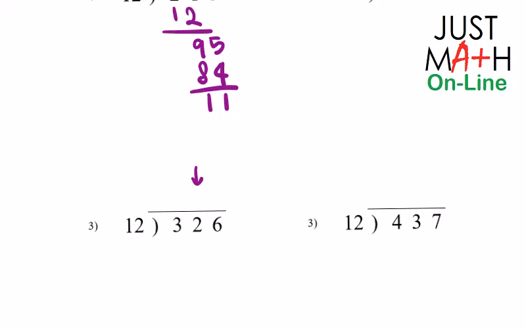So if that is the case, then you use 2. 2 times 1 is 2, so it's less than 3. So you get 2 times 2 is 4. 2 times 1 is 2. 24. You minus, 32 minus 24, you get 8. 8 is smaller than 12. It's okay already.